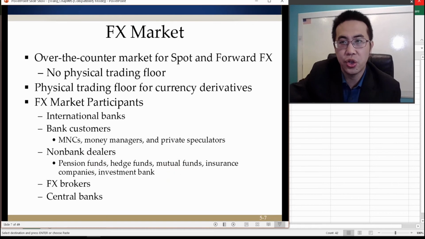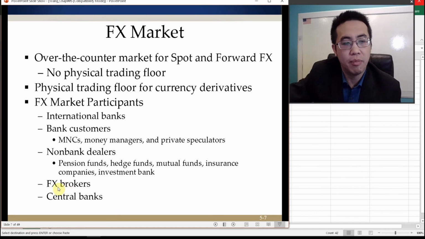They want to hold certain currencies as their assets if they believe the currency they hold will appreciate in the future. They may also take the opposite position by short selling the currency which they believe is going to depreciate.